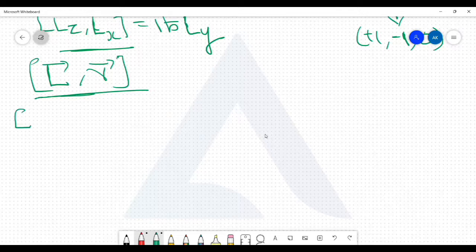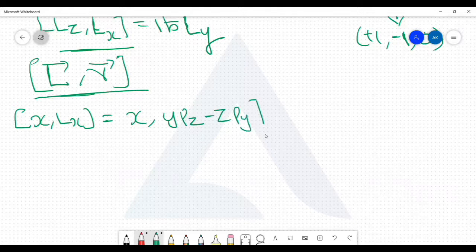Therefore, x L_x equal to x times what is your L_x? y p_z minus z p_y. Okay. So x with p_x is the only non-vanishing one. Everything else will be 0. So this is simply 0. So x L_x is 0.